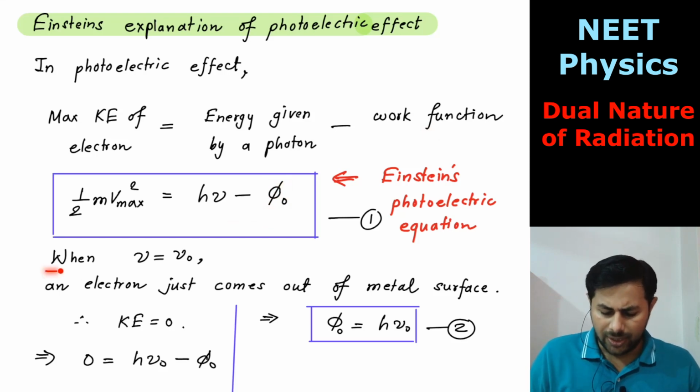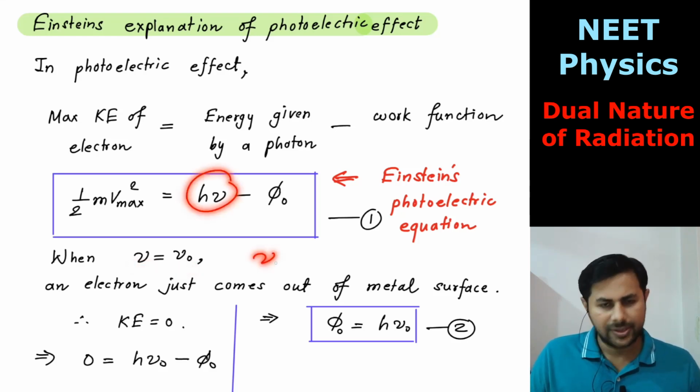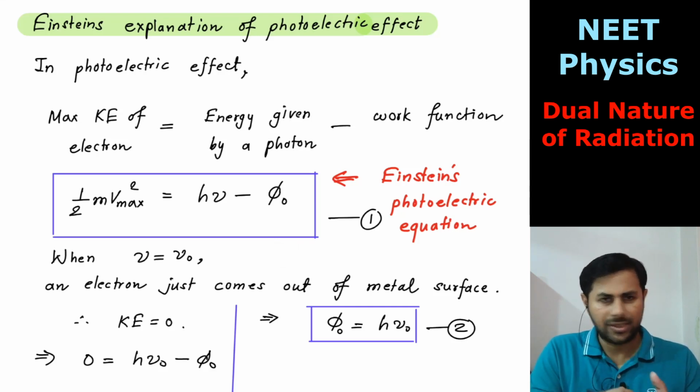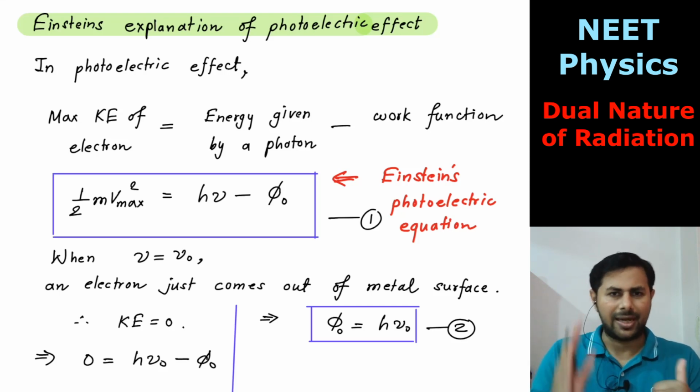Now when nu is equal to nu naught, when the frequency of light is just equal to the threshold frequency, what will happen? The photocurrent just starts. That means electrons are gaining just sufficient energy to come out of the metal surface, and then they get attracted by the anode.